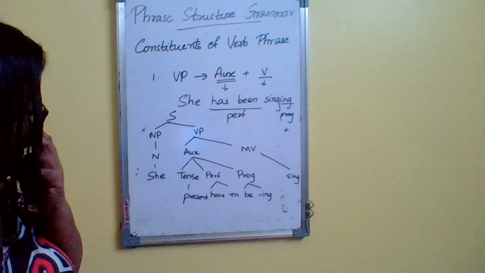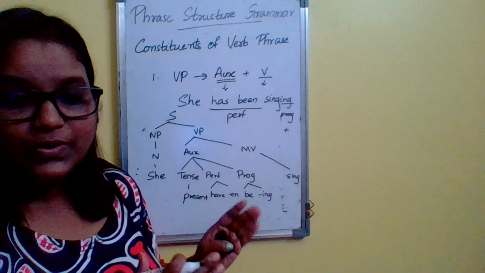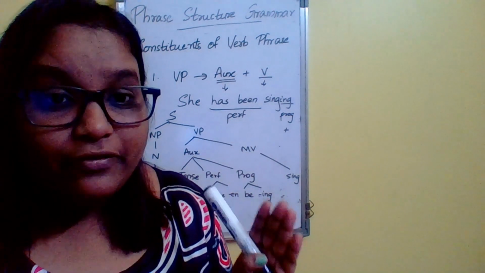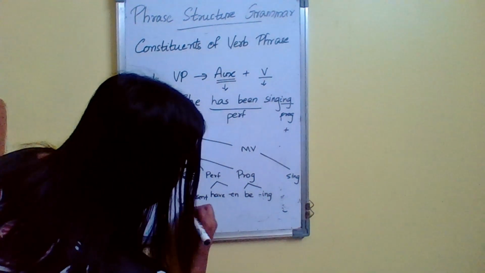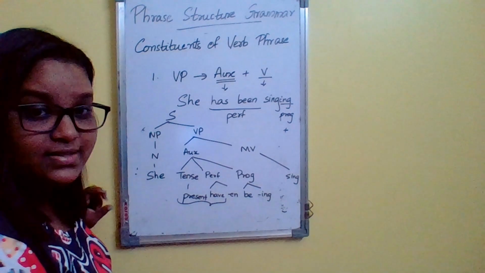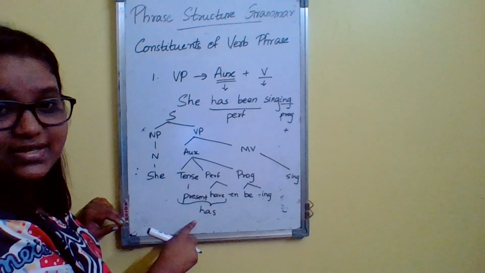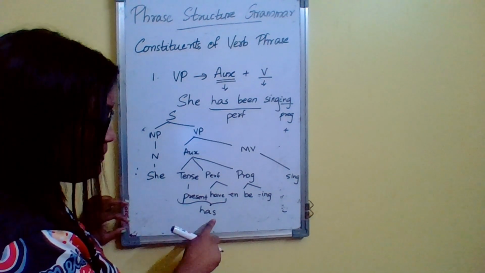Now let's try and bring everything together. At this particular stage, what we are going to apply is morphophonemic rules. So let's apply morphophonemic rules. Present of have is has here, only because she is singular. Because she is singular, present of have becomes has.